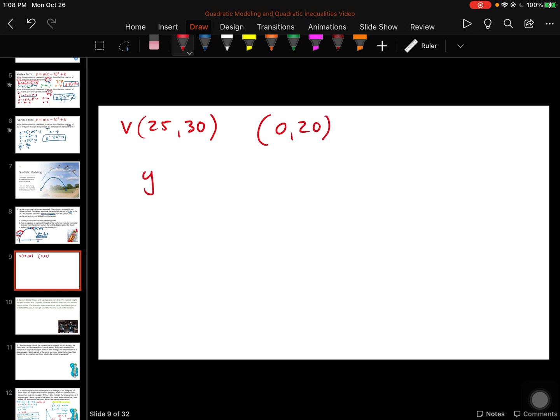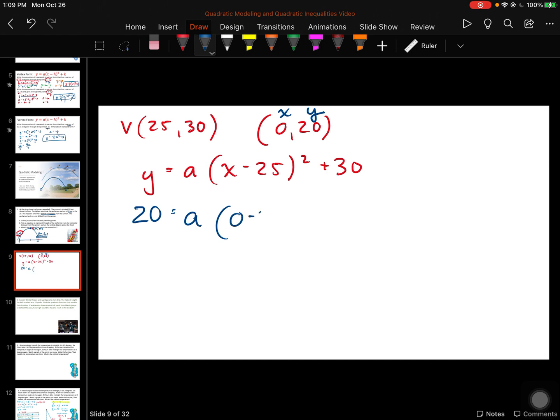So I'm going to write the equation, y equals, I need an a value. I still don't have that, but we do have the vertex, and we have this point that we can plug in. So I'm going to plug in 0, 20. That's going to give me 20 is equal to a times 0 minus 25 squared plus 30.